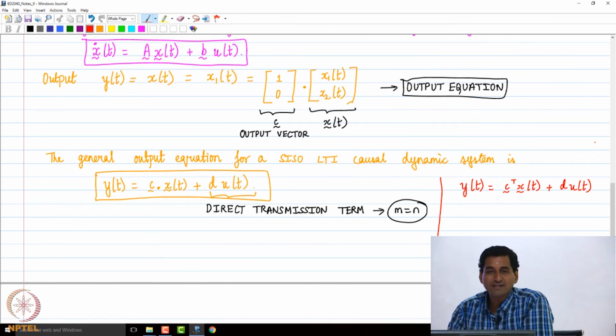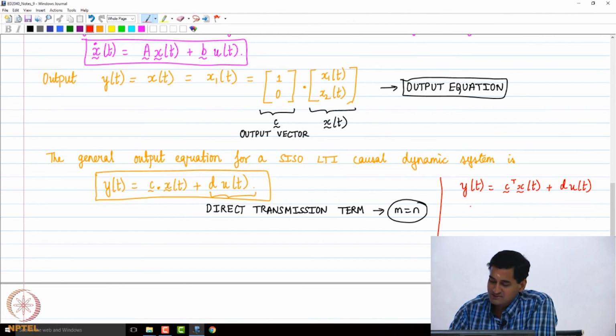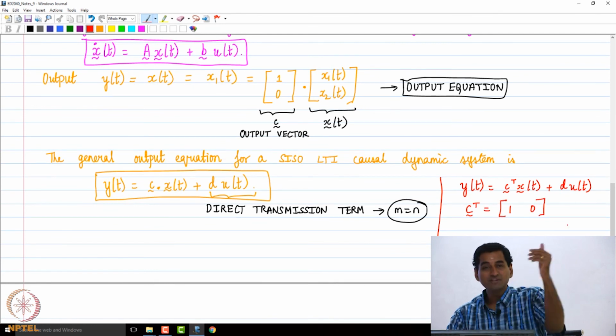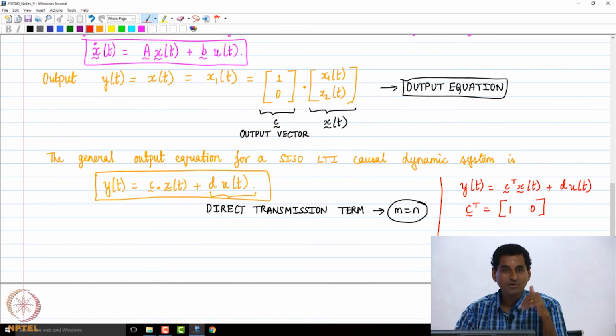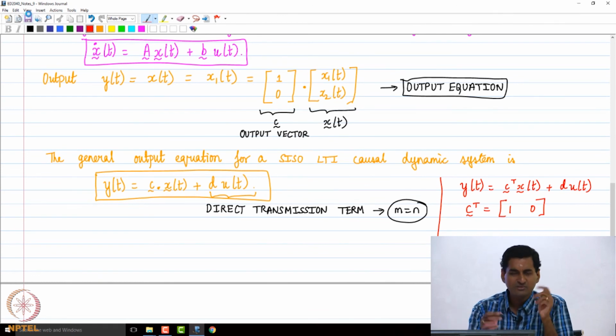You are free to choose any notation that you want to follow. So if you chose that notation, you will have c transpose to be 1 0, rather than how I wrote it as a column vector c equal to 1 0 with a dot product. If you want to follow the notation which is there in almost all textbooks for a SISO state space representation, you can also follow that, absolutely.